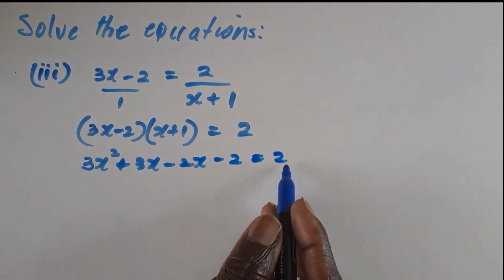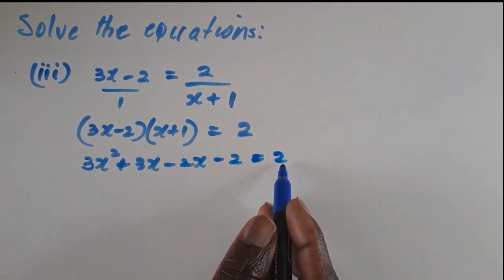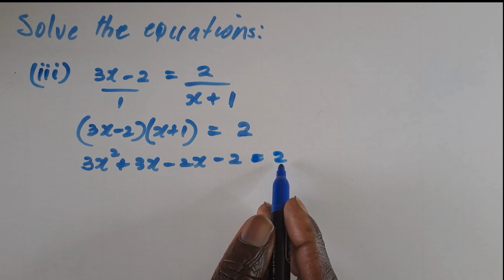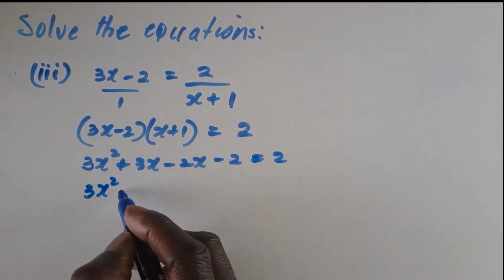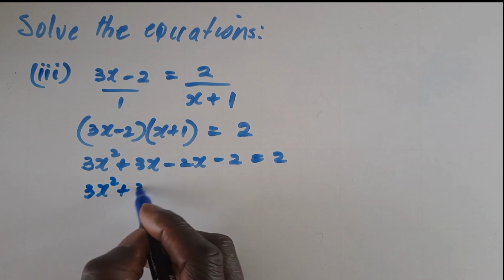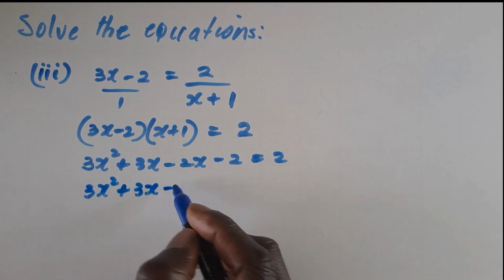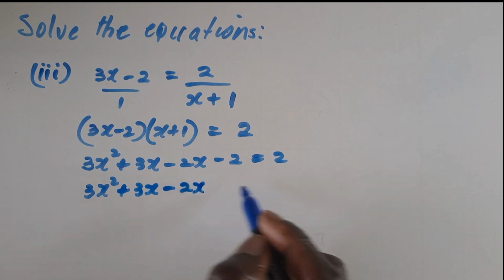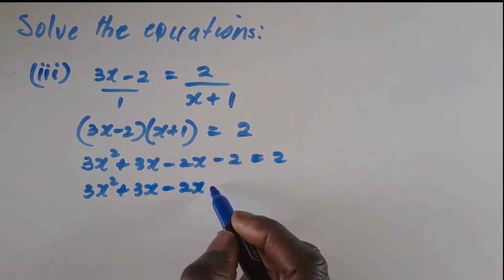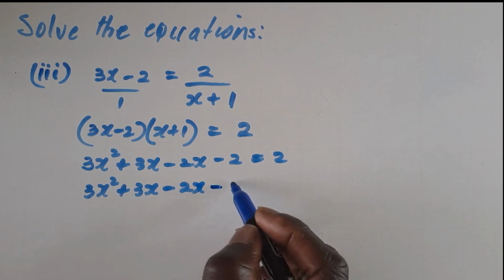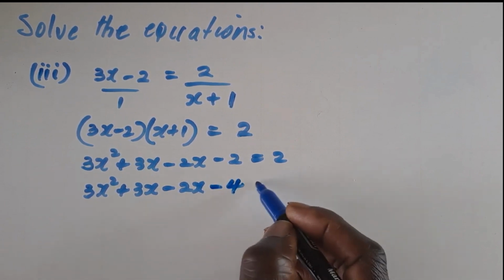And if we add negative 2 to both sides, we'll have 3x squared add 3x minus 2x. Now we add in a negative 2 to this side, so this will be cancelled. So we end up with negative 4 over here.